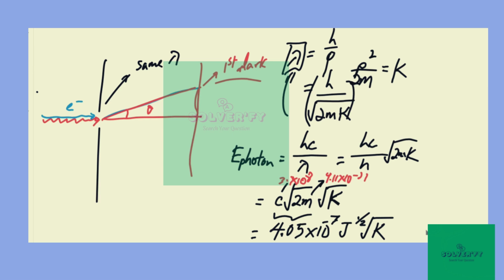Now to determine whether the kinetic energy of the electron or the energy of the photon is greater, we can just take the ratio of the energy of the photon to the kinetic energy.